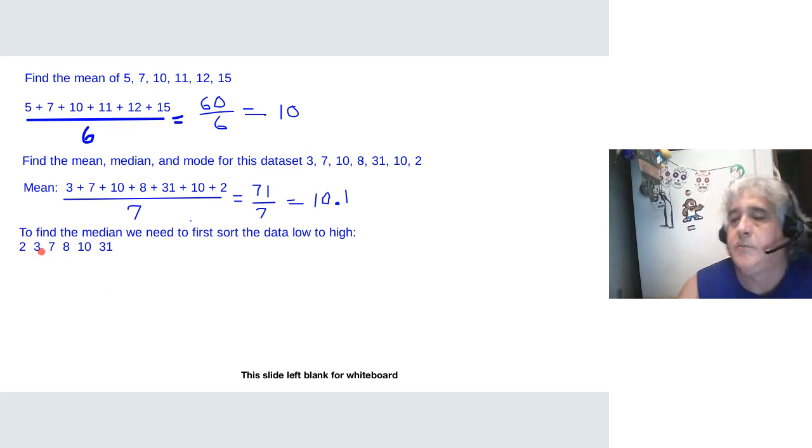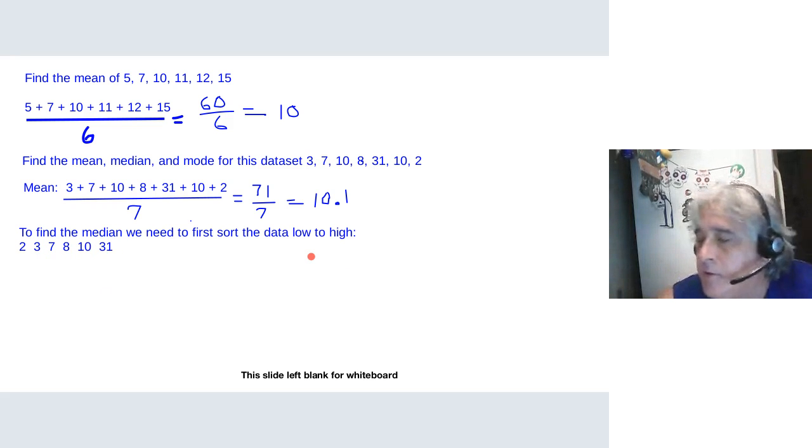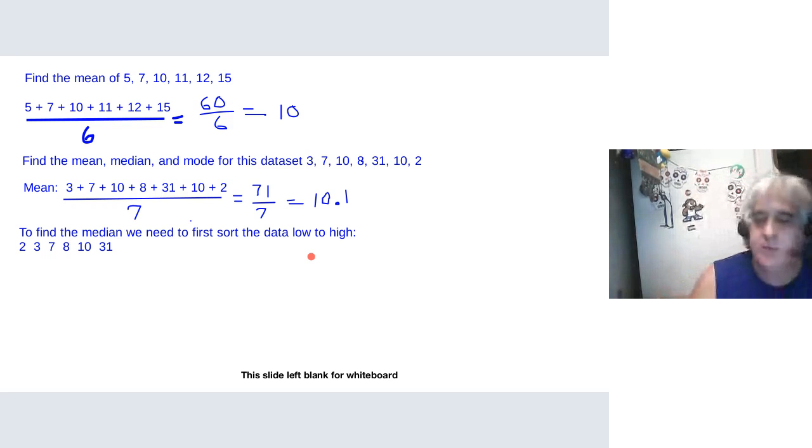I think I got them. Let's see, 1, 2, 3, 4, 5, 6. Oops, something's missing. Oh, there are two tens. And that's probably what I forgot to do that first time and why it came out wrong. All right. So they're sorted lowest to highest.